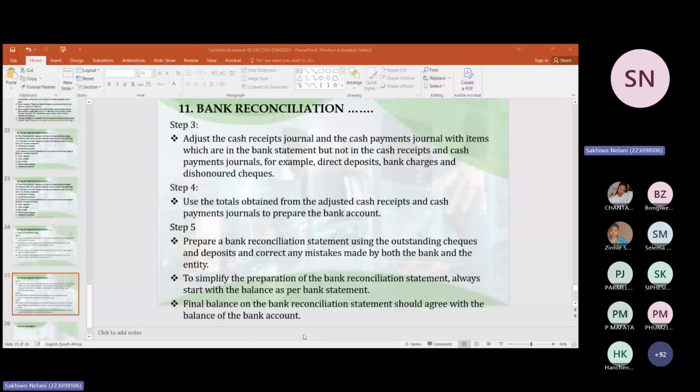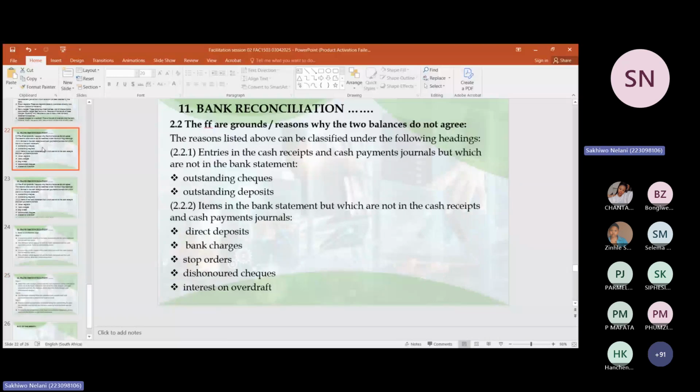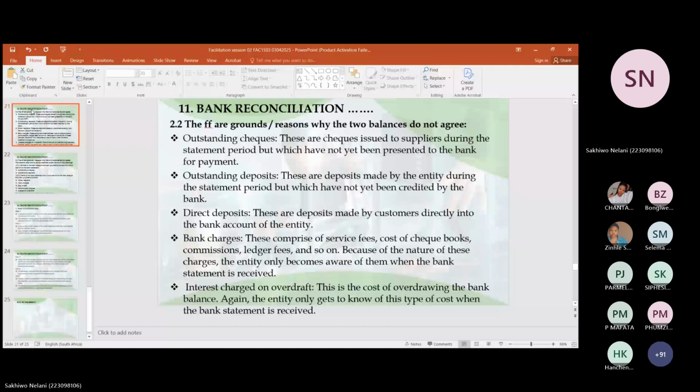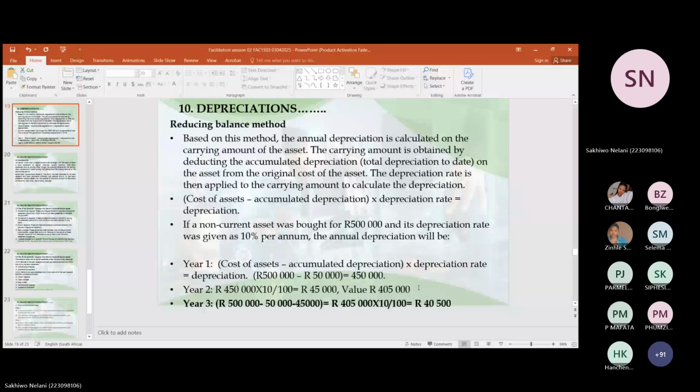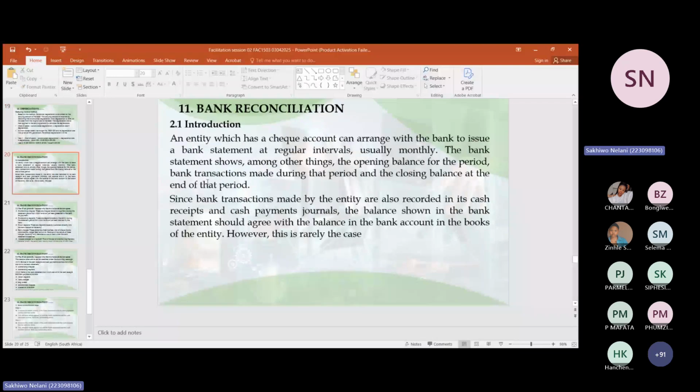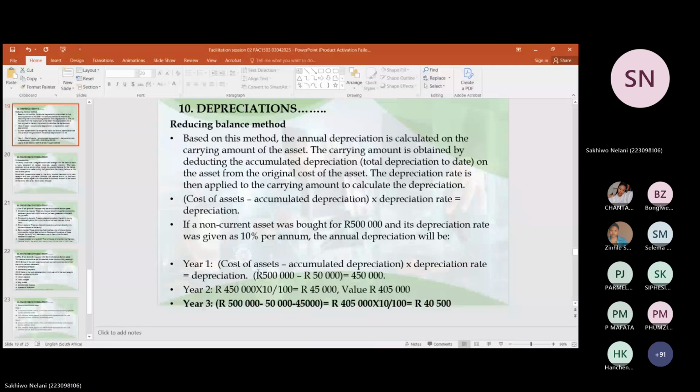Yeah, my brother, on this reducing method, I felt I will share this slide so that you can go over it on your own, over and over. It's tricky, but you must practice. What is tricky here? You must understand the logic. Once it says reducing, even here, we're supposed to move to 10 years, but for now, we are still at year 3. It means you can be required to calculate year 5.